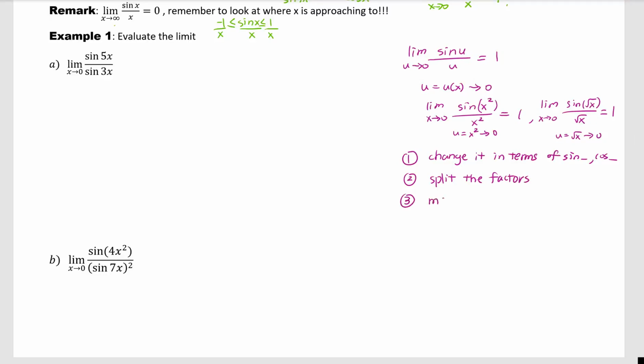Third, we're going to do the matching game. What is the matching game? If you see sine of something, you want to match the something under it. Match them together. And then fourth, we can evaluate.